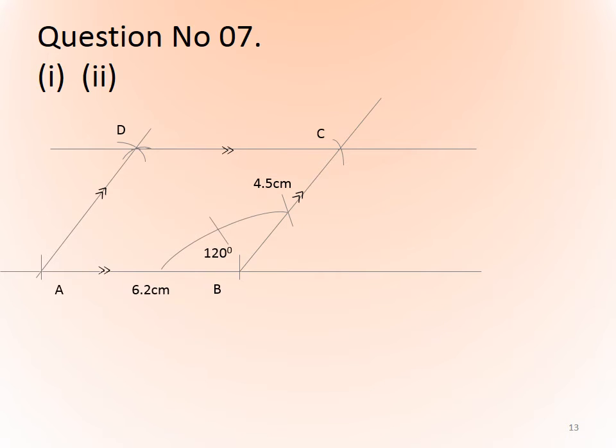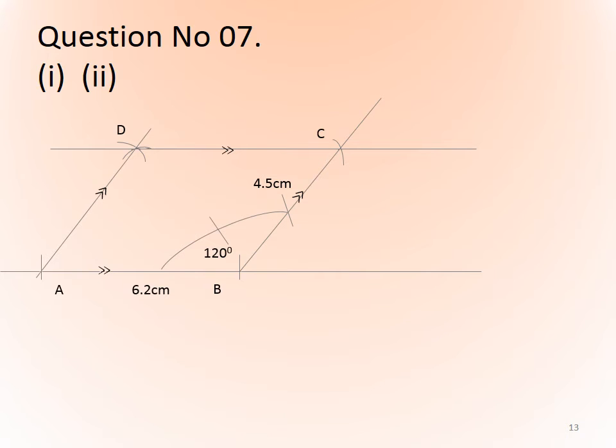Next one, produce the sides AB and AC and draw an excircle of the triangle ABC. How will you draw an excircle of the triangle ABC? By taking the angle bisectors of exterior angles of the triangle ABC. First, produce the side AB.